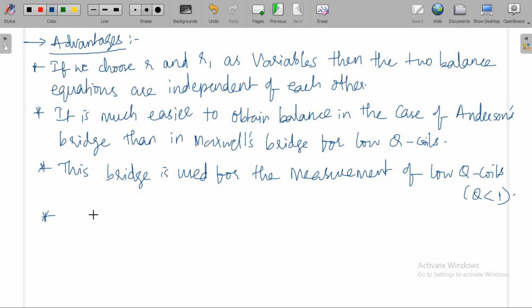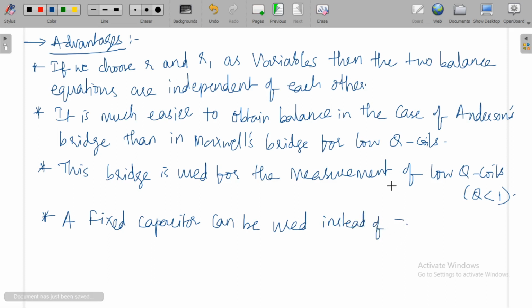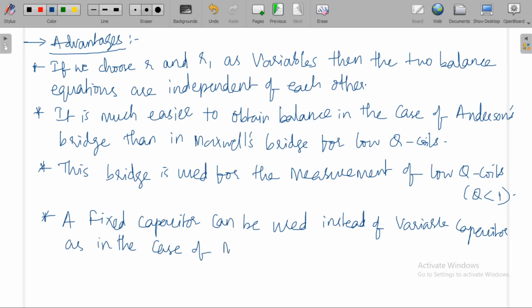In this bridge, we use a fixed capacitor. A fixed capacitor can be used instead of a variable capacitor as in the case of Maxwell's bridge.